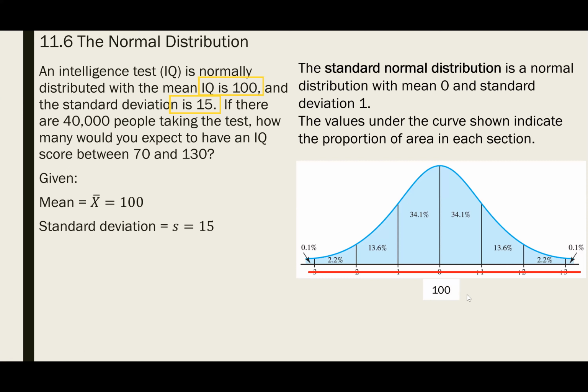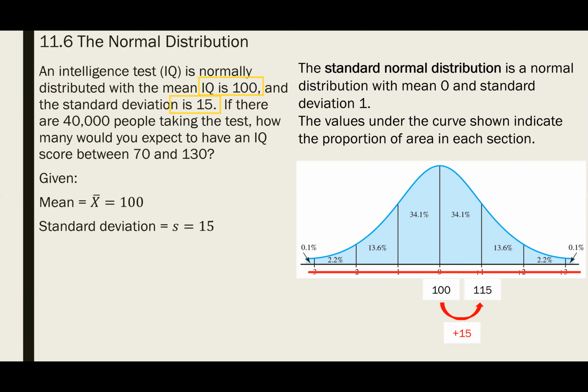Based on our previous chart, the mean is in the middle, and the middle tells you 100. If I take one step above, this is the idea of the empirical rule, ladies and gentlemen, you add 15, which is the standard deviation, the S. Do you agree that 100 plus 15 will give you 115?